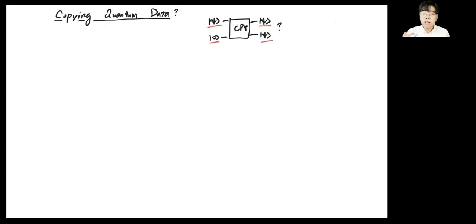Well, the answer is, unfortunately, this is not possible in general, or in other words, for arbitrary psi. Now here's the slightly more rigorous version of the theorem called the no cloning theorem.